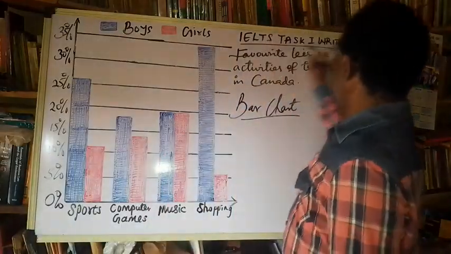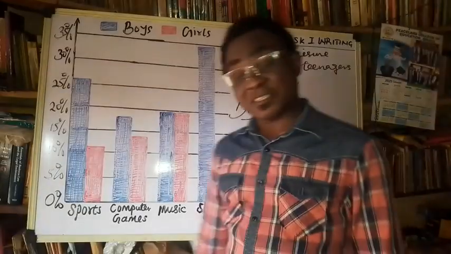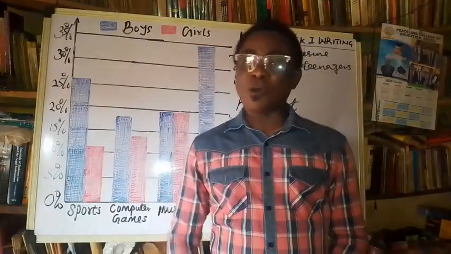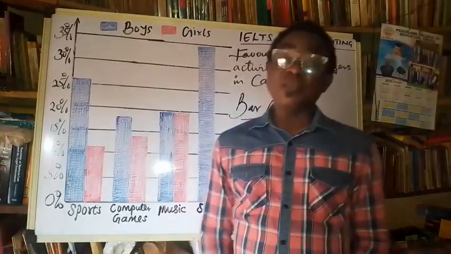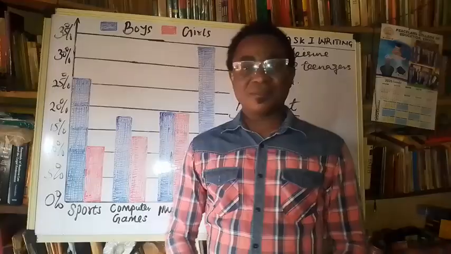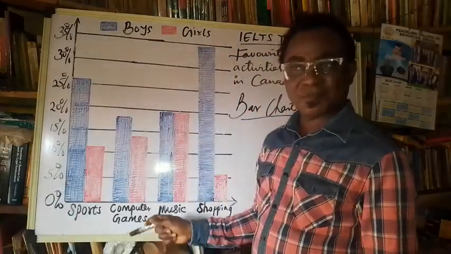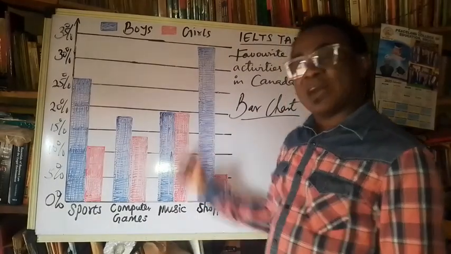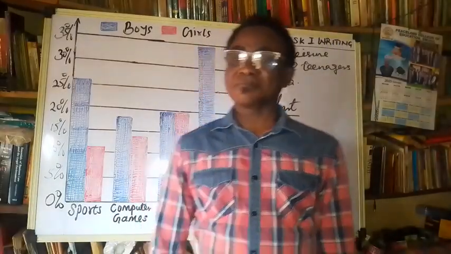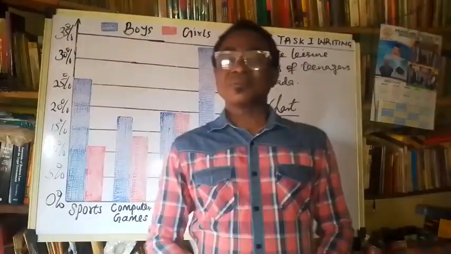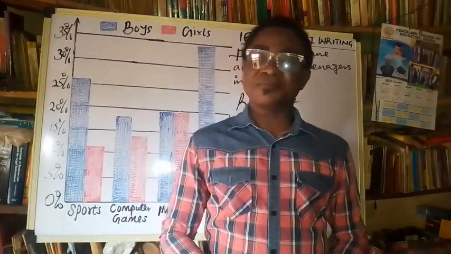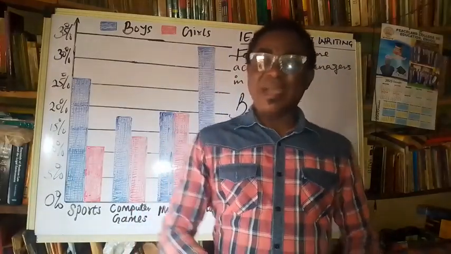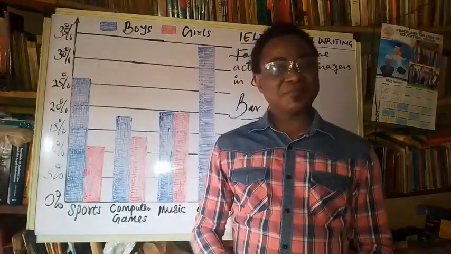In the IELTS Task 1 writing examination, the candidate has 20 minutes of writing. Within 20 minutes, therefore, the candidate is expected to analyze the question, and after analyzing the question, be able to write the introduction, write an overview, write the first main features, and then write the second main features.